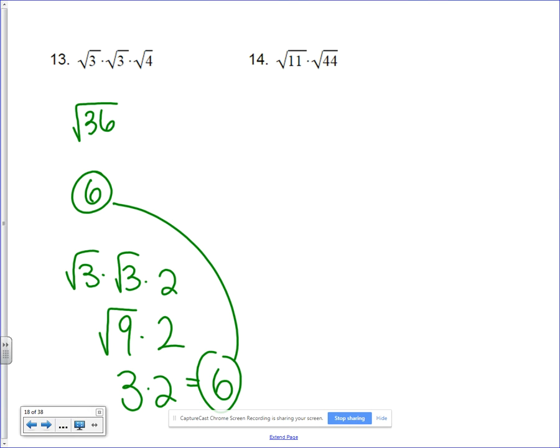How about number 14? Got any coefficients? No? How much? 484.